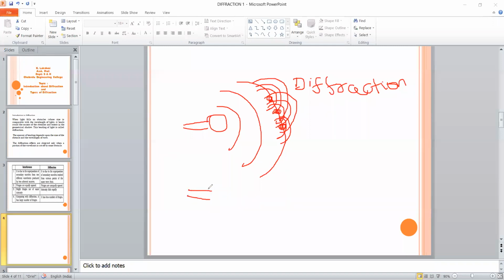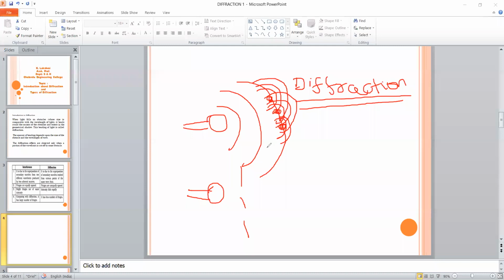In interference, two slits are there, that means two coherent sources are there. Whereas in diffraction, each and every point creates secondary wavefronts. By the superimposition of these secondary wavefronts, finally, the diffraction pattern is formed.